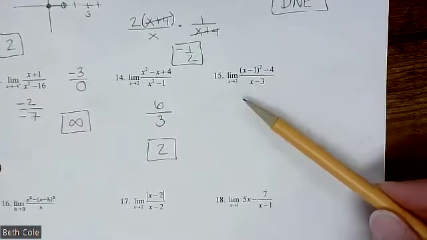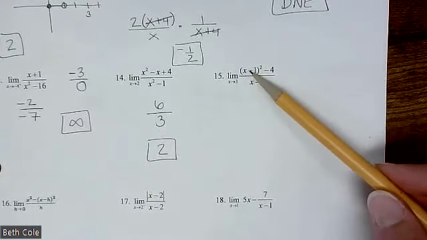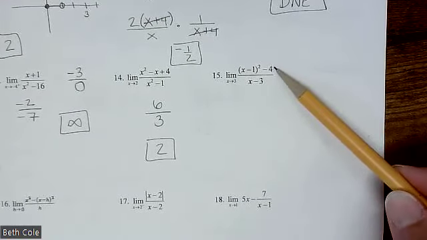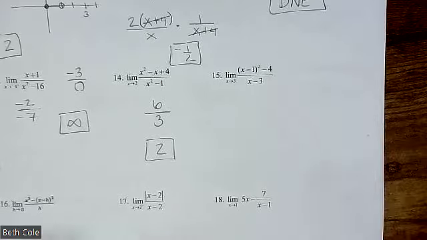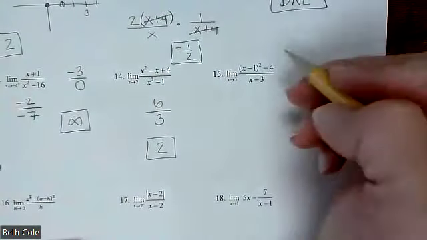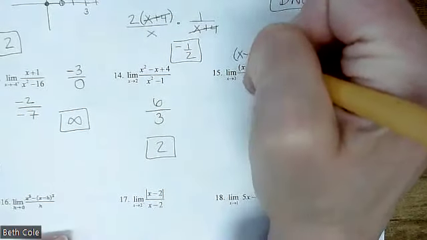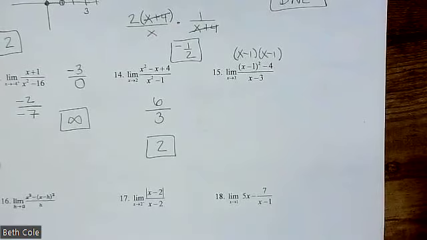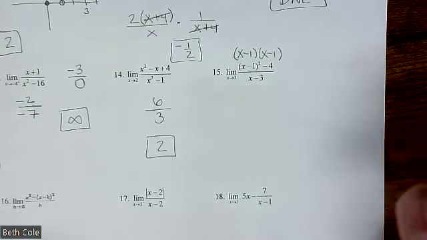All right. So let's try that again here. If you plug in 3, 3 minus 1, 2 squared is 4, minus 4, 0. And then the denominator will also be 0. Okay, so you are going to have to do some work for this one. X minus 1 squared means this. And if you're able to hold that in your head, you don't have to write it if you're at the point where you can just multiply it out, but otherwise then write it.